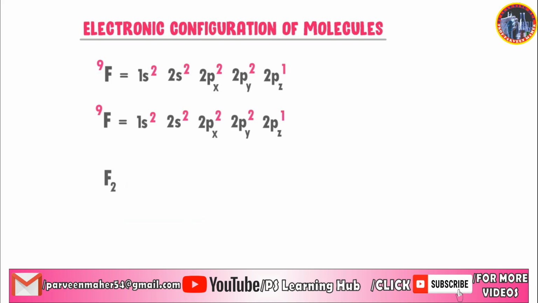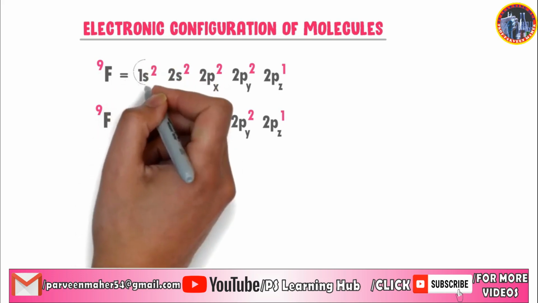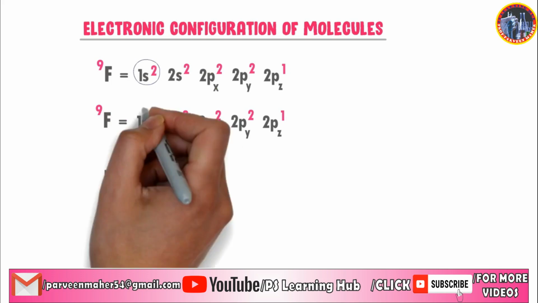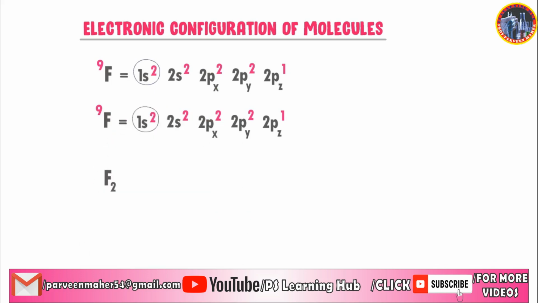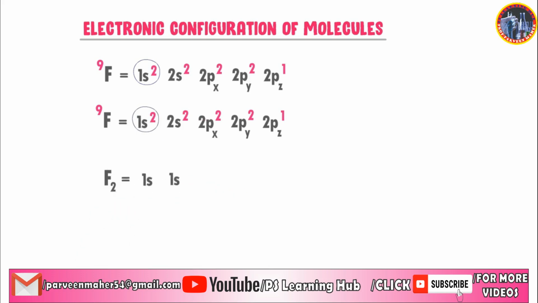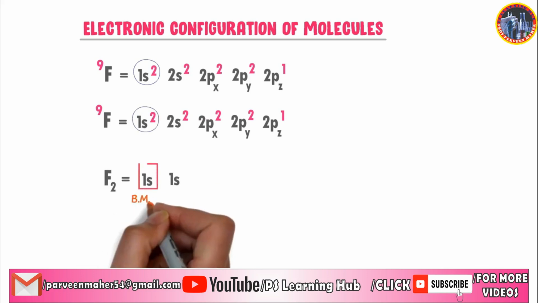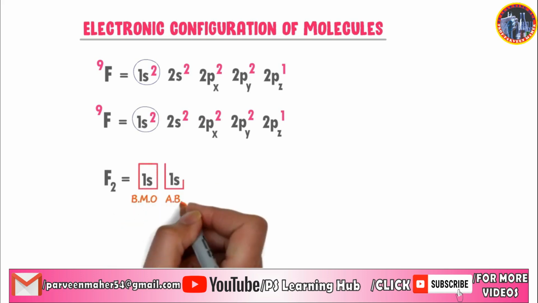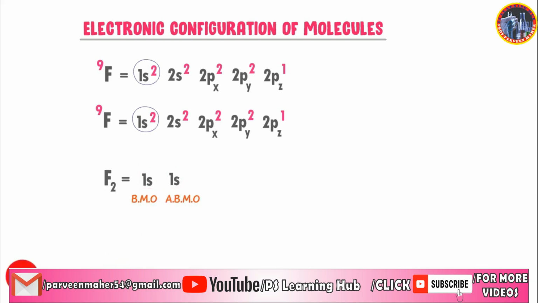What about the molecular orbitals of the fluorine molecule? Well, we have already learned about them in molecular orbital theory. The 1s atomic orbital of this fluorine atom and the 1s atomic orbital of this fluorine atom would overlap to form two molecular orbitals, σ1s and σ*1s. We already learned that one molecular orbital would be a bonding molecular orbital and another would be an anti-bonding molecular orbital.